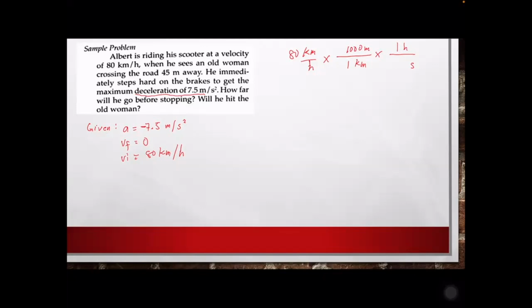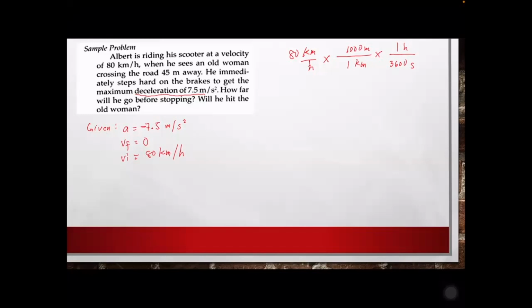Tapos, ang isang oras ay ilan? What is 60 times 60? 3,600 po. So, tandaan ha, ang isang kilometro ay 1,000 meter at ang isang oras ay 3,600 seconds.